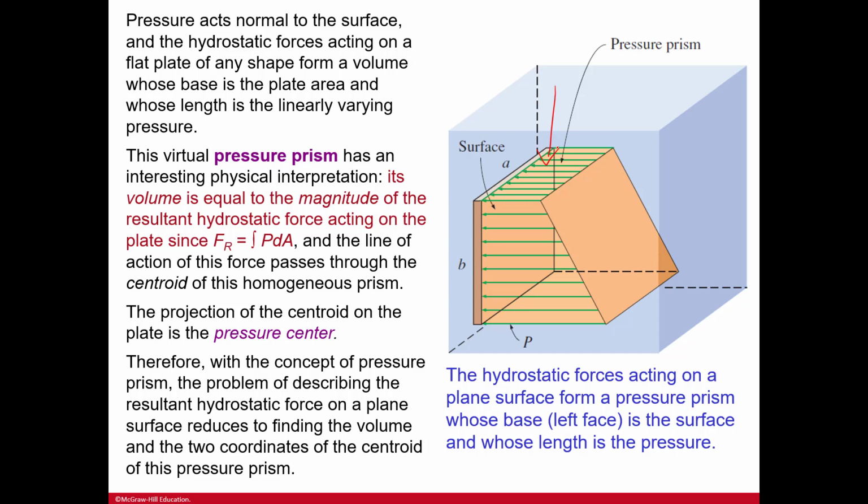So this is just saying that the volume is equal to the magnitude of the hydrostatic force acting upon it. The projection of the centroid on the plate is called the pressure center. And therefore, with the concept of the pressure prism, the problem of describing the resultant hydrostatic force on a plane reduces to finding the volume. So it's just saying that we need the volume.